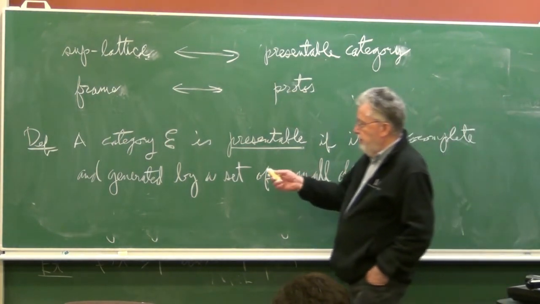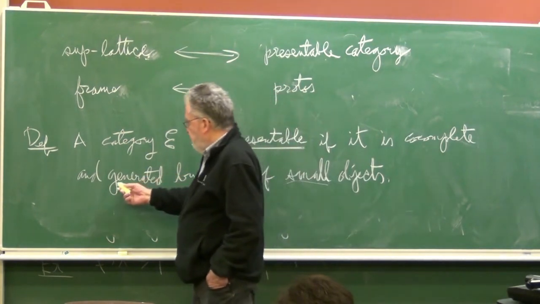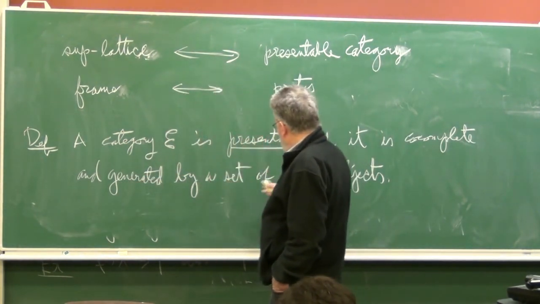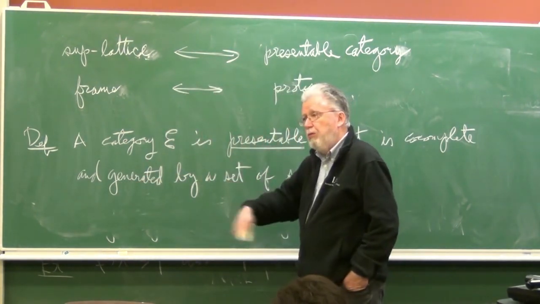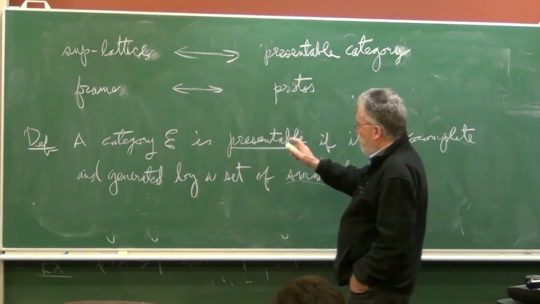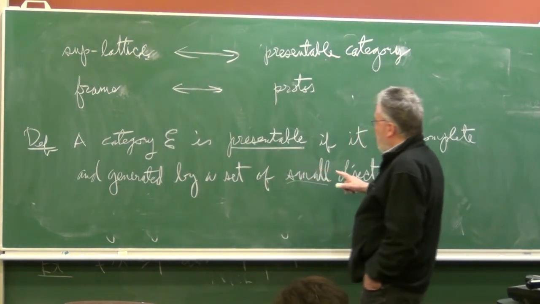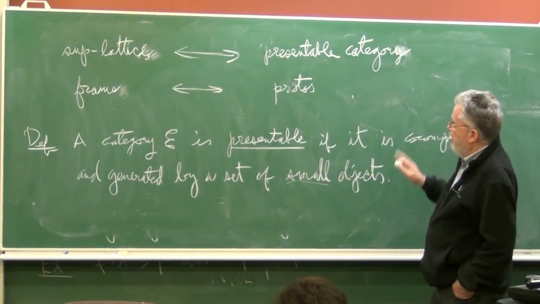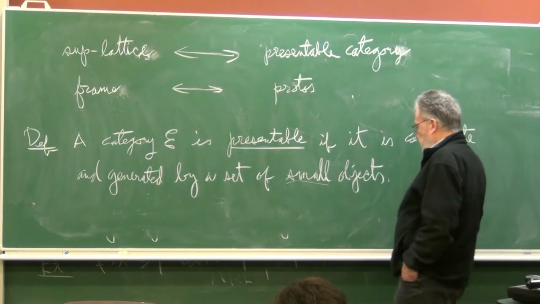And generated means that starting from a set of small objects and taking colimit operations, you can get everything. So the definition is a bit vague, but that's the idea of what a presentable category is.